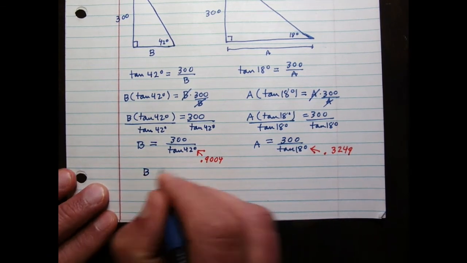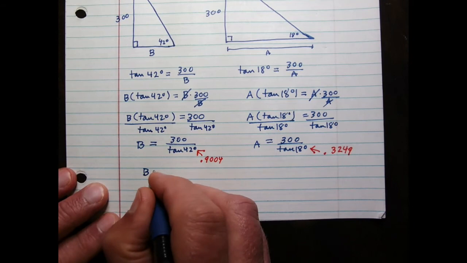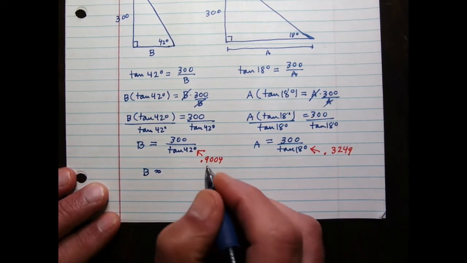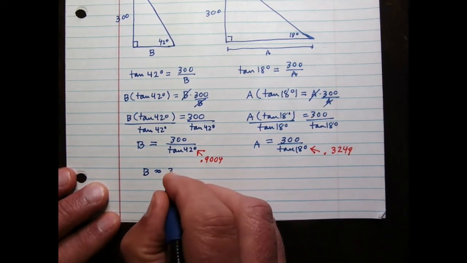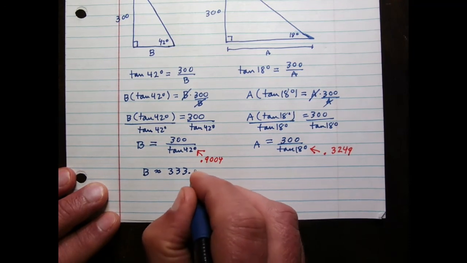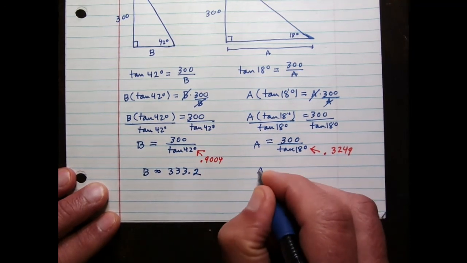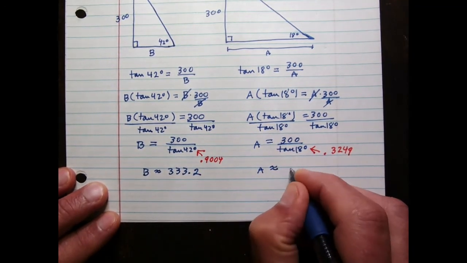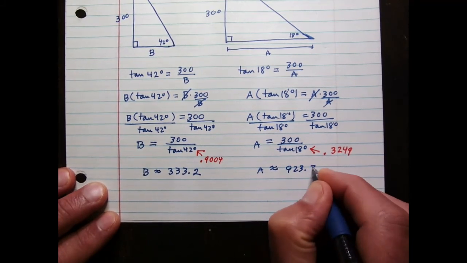And then when I plug in and divide, I get that B is now about, because I've rounded off a bit, 333.2, and A is about 923.3.